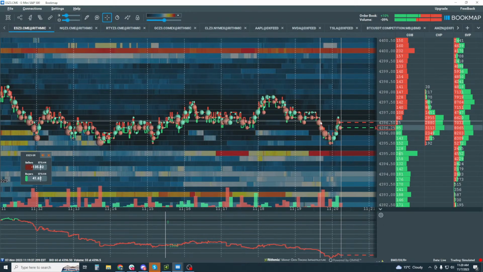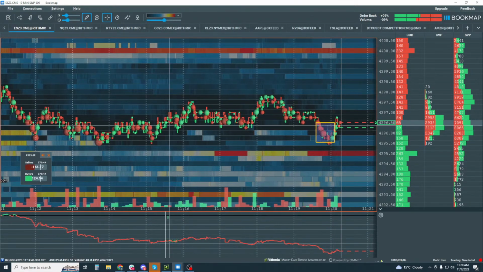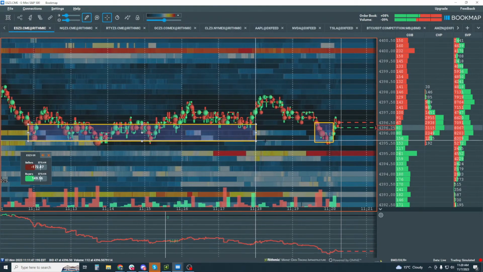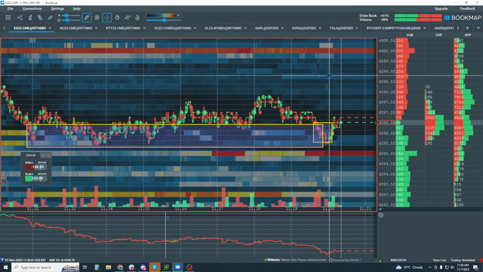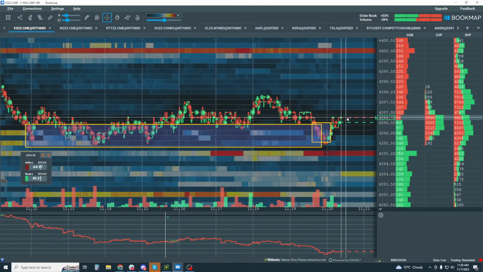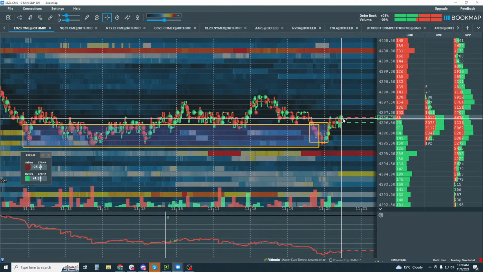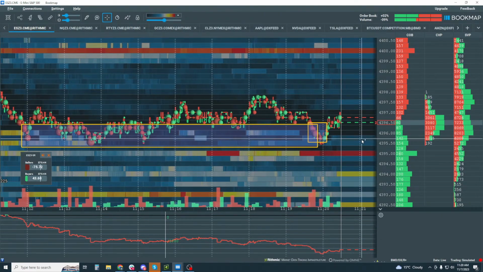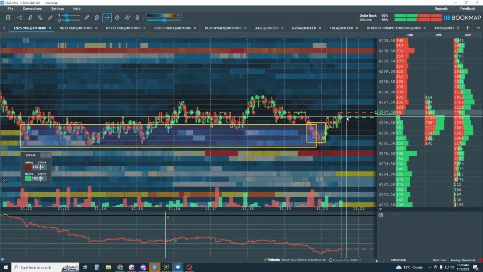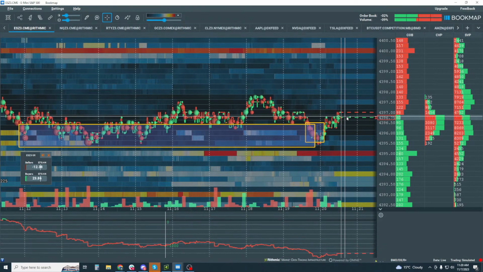Okay, again, it's still setting up, still possible. We have all of this selling in here that is still in it and waiting to get stopped out. Again, I would be looking again in here. Buyers, order book, and let's see it, buyers.